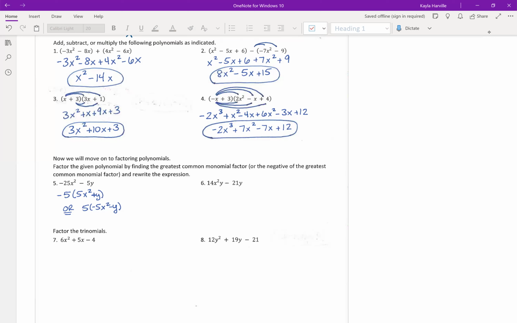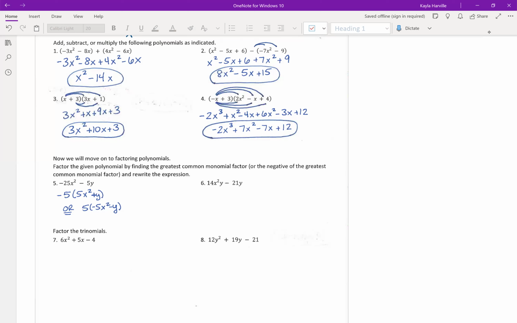Now that is fully factored because the 5x squared plus y only has a 1 in common now. But if you had pulled out a 5, you would have negative 5x squared minus y, and so those two terms in parentheses have a negative 1 in common.